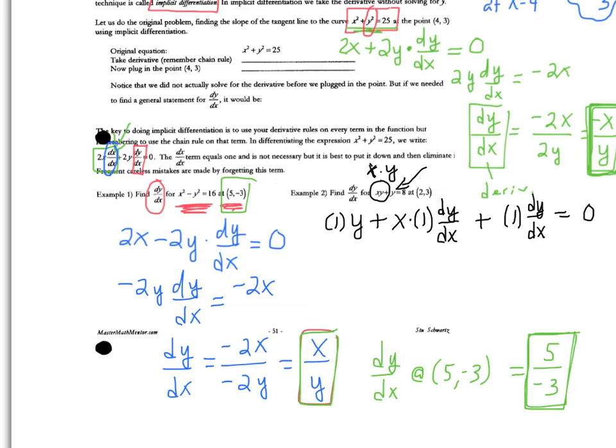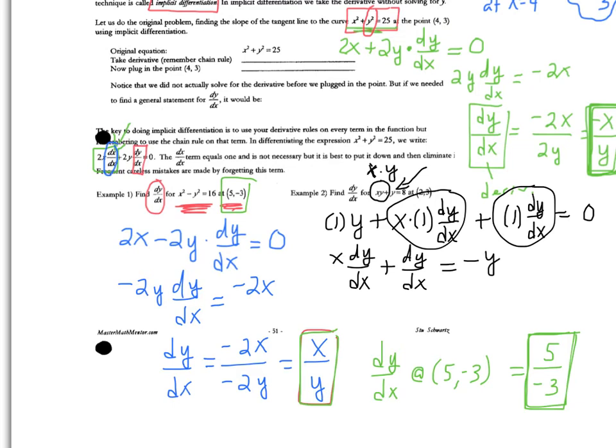So we're trying to find the derivative at the point (2, 3). So one option is you can solve for dy/dx. So if we were to do that, let's subtract over the y. So I have x dy/dx. I'm going to keep my dy/dx terms on one side. So I have x dy/dx plus this term, and I'm going to subtract over my y term.